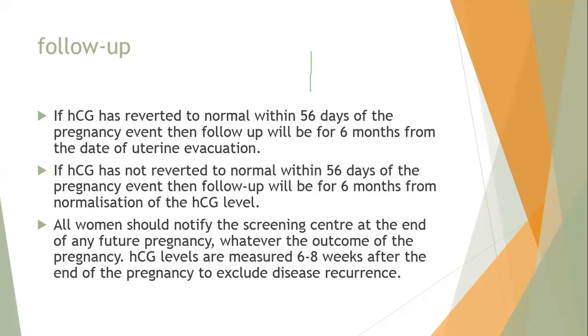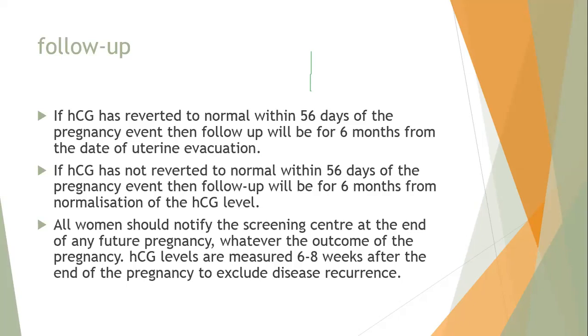So if it is within the first 56 days, only 6 months from the day of evacuation. If not reverted to normal within 56 days, we will follow up for 6 months from normalization of the beta HCG level.